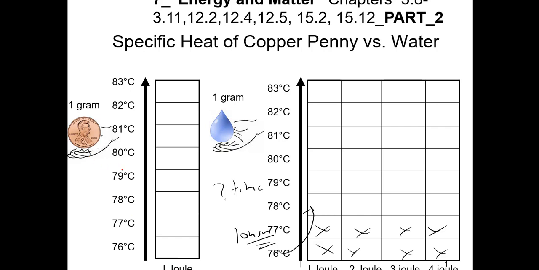Whereas substances that have a low specific heat, such as a copper penny, it's actually pretty quick. And it can change in temperature very quickly because it doesn't require that many joules of energy to be put in for it to increase, or that many joules of energy to be taken out for it to decrease.